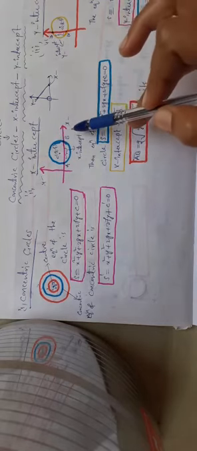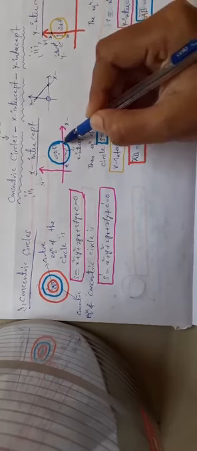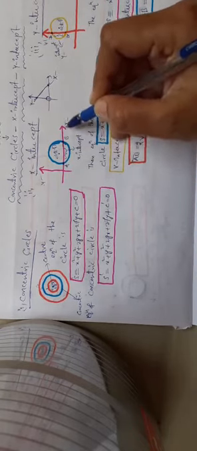In this case, one circle intercepts the x axis in a 2D coordinate plane. If the circle is like this, the circle intercepts at point A and point B also. This AB is the intercept on the x axis.